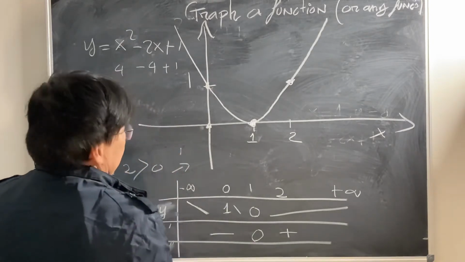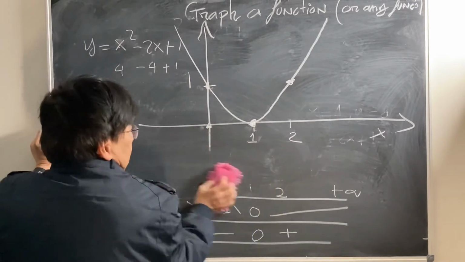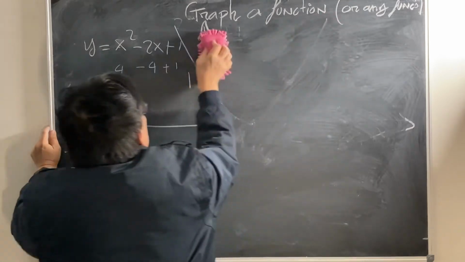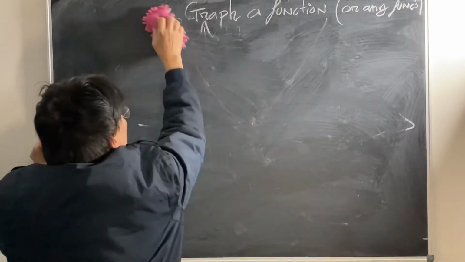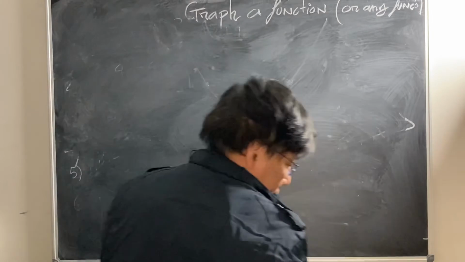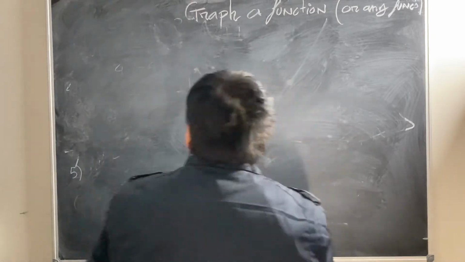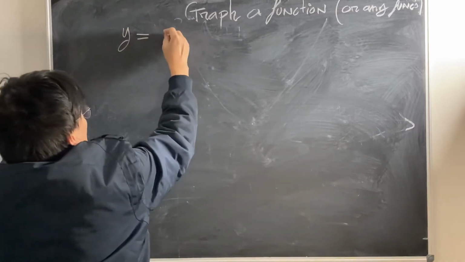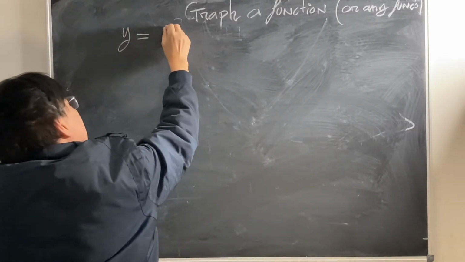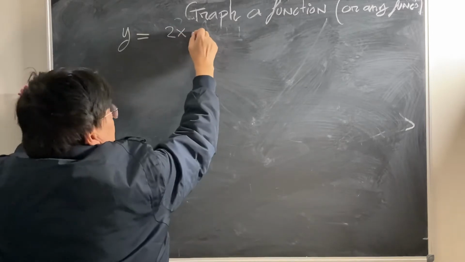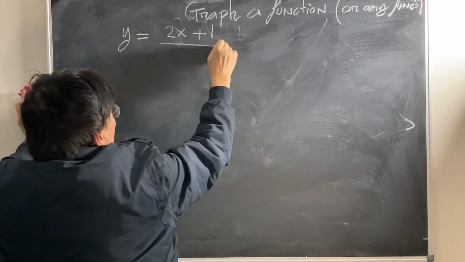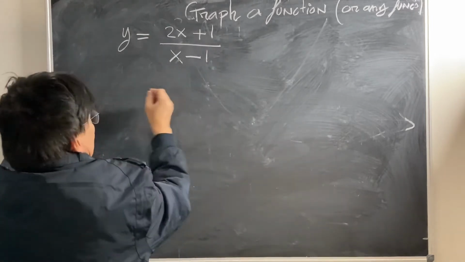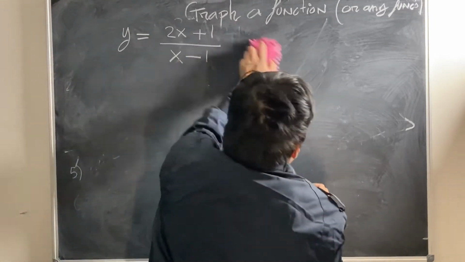Okay, let's do another example. Try something a little harder. Let's say y equals (2x plus 1) over (x minus 1). First, we have to find the domain and range.